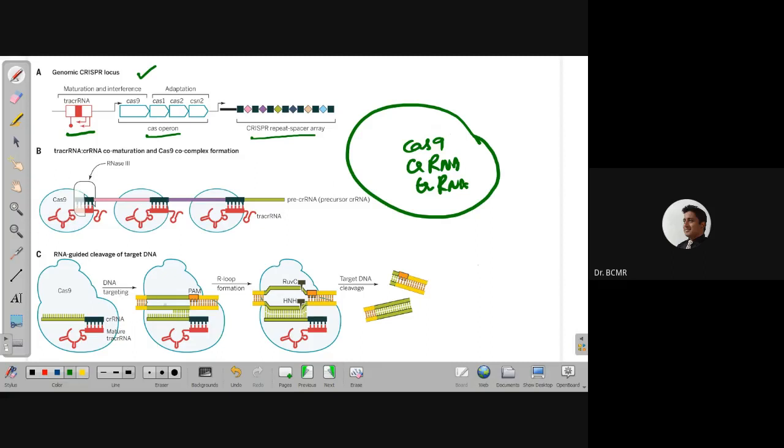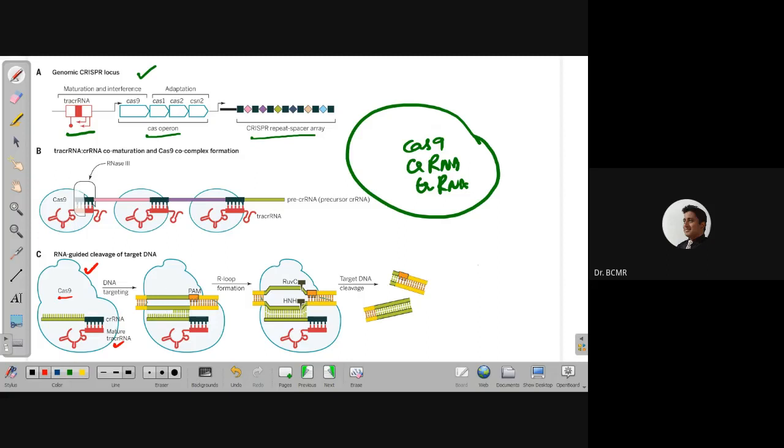If the target comes, the one that I'm showing here, this is the ribonucleoprotein complex that is formed: the mature CRISPR tracer RNA, and here is the Cas9 protein. The target requires two things.